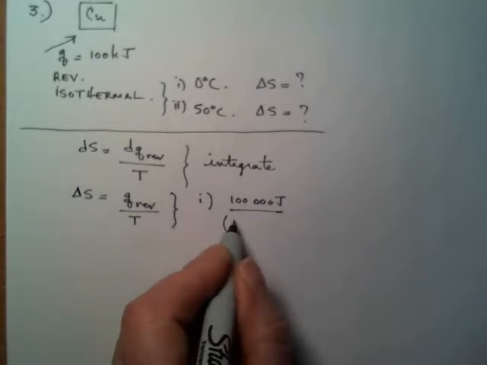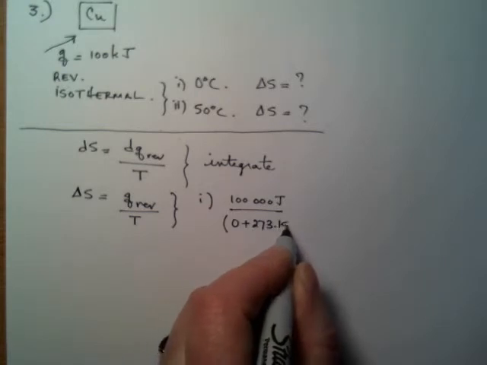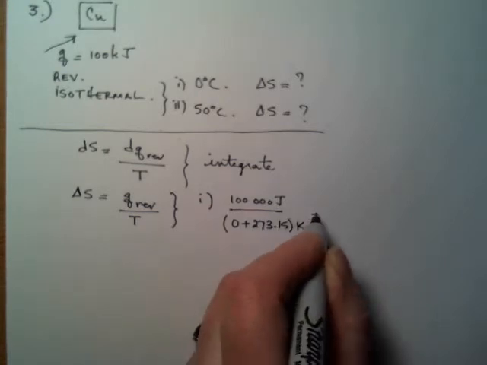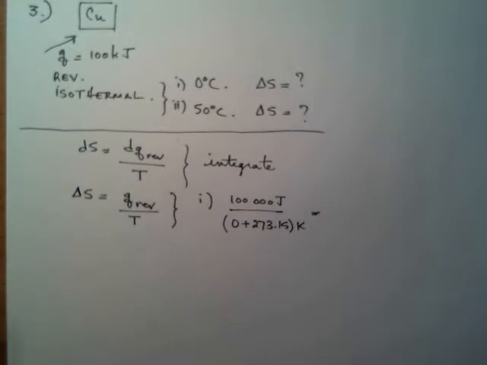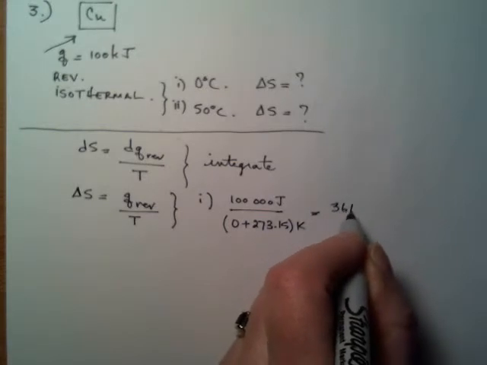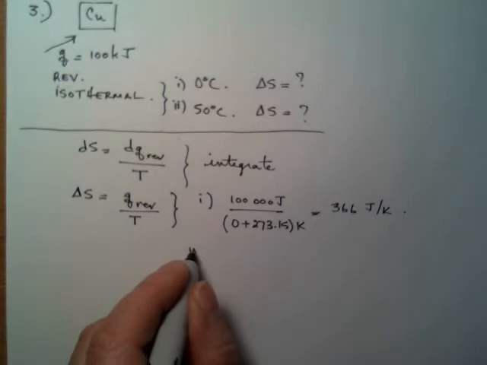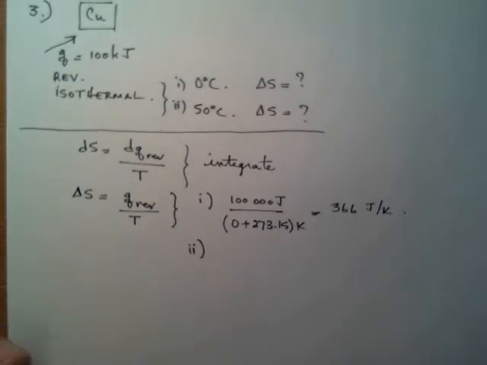And the temperature is 0 plus 273.15 Kelvin. And when I calculate that, I get an answer of 366 joule per Kelvin. So I think you see where this is going.